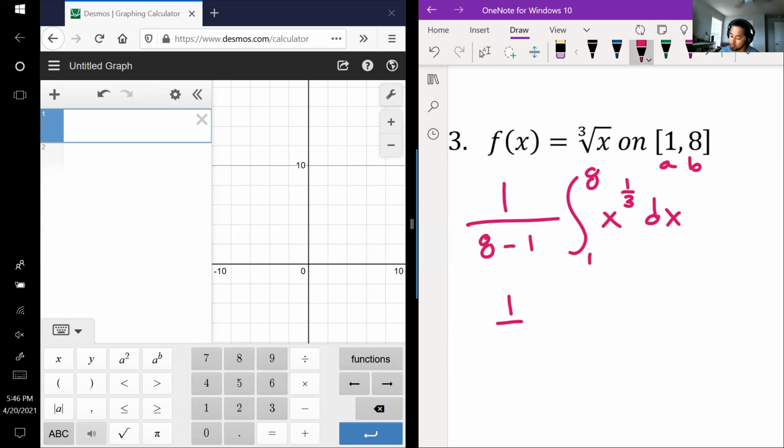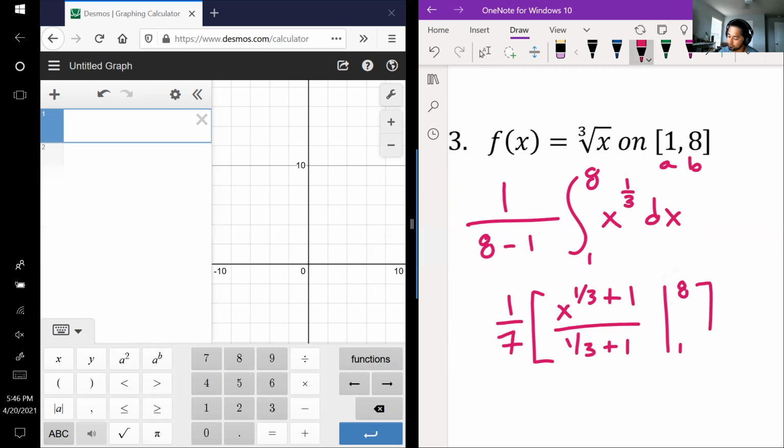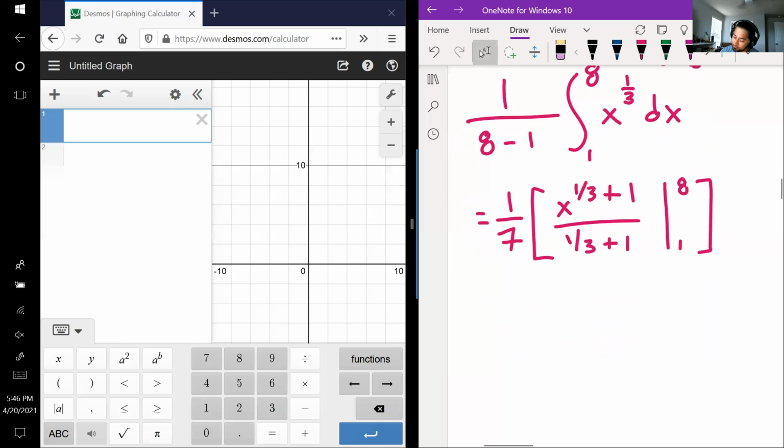So this is going to give me 1 over 7 times x to the 1/3 plus 1 over 1/3 plus 1 evaluated from 1 to 8. Okay, so just a little cleanup here.